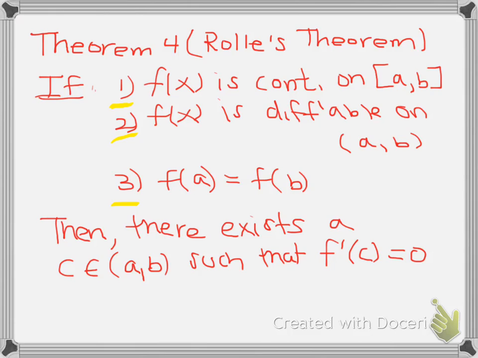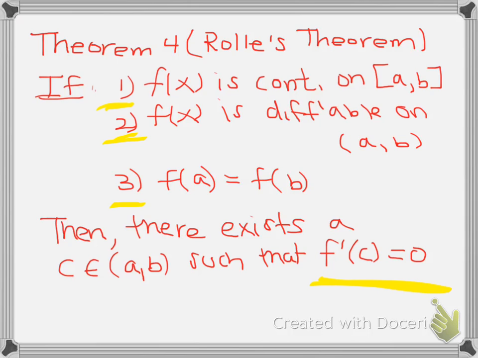We need to make sure our function is continuous on a closed interval, differentiable on an open interval, and f(a) equals f(b). Then verifying Rolle's theorem means there should exist a c in (a, b) such that f'(c) equals 0.